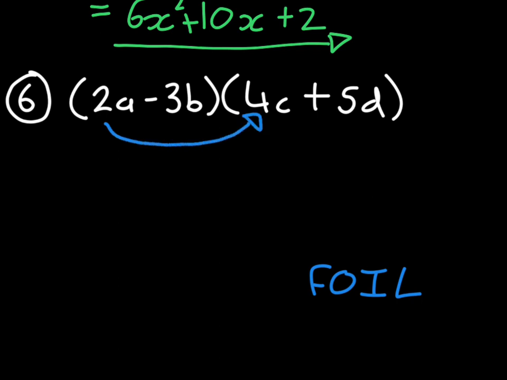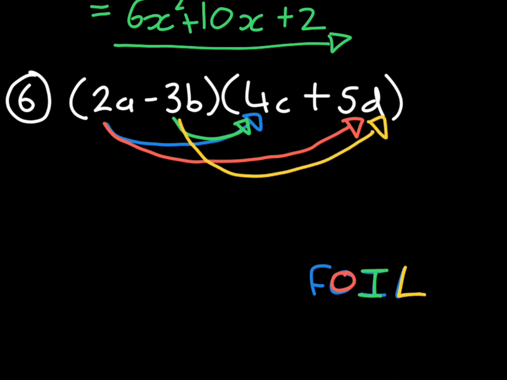The next letter, O, stands for outer, meaning we're going to multiply the outer two terms of this binomial. Our next letter is I, which stands for inner, meaning we are going to be multiplying the inner two terms by each other. And lastly, we have the letter L, which stands for last. And this means that we're going to multiply the last two terms by each other.